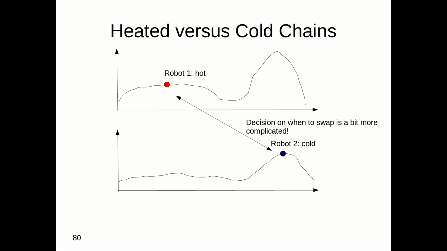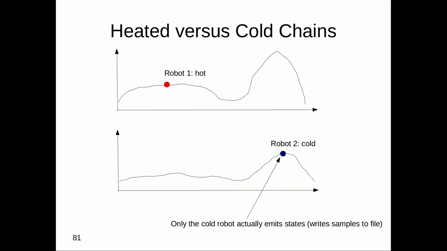So I've presented this here in very simple terms, so the decision on when to actually swap is a little bit more complicated, but I will spare you the details. Okay, and as I said before, here I should have actually changed the diagram a little bit. Here, robot number 1, the hot one, sees a flatter version of the landscape, and the cold robot sees the correct version of the landscape, this one here.